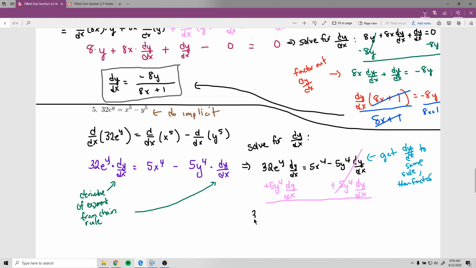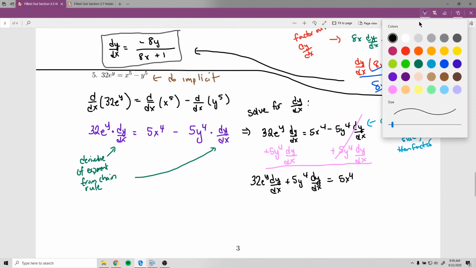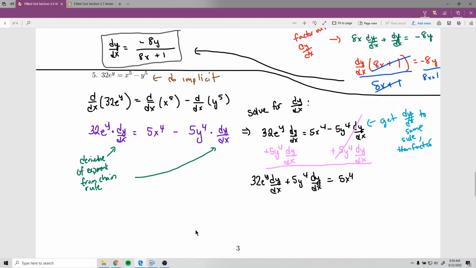So on the left, we have 32 e to the y times dy over dx plus 5y to the 4th dy over dx equals, on the right side now, only 5x to the 4th. Now we factor dy over dx out. That's the only way to get from multiple of them down to 1. On the inside, we have 32 e to the y plus 5y to the 4th, and that equals 5x to the 4th.